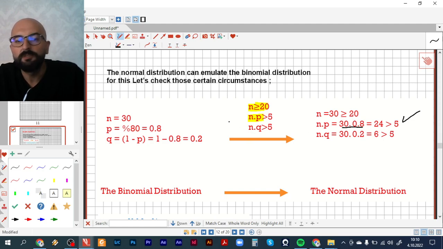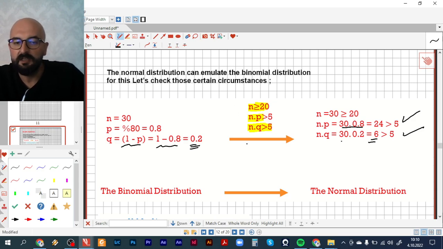And n multiplied by q is also necessarily greater than 5. Here q means the probability of failure, so 1 minus p, 1 minus 0.8 equals 0.2. So 30 multiplied by 0.2 is 6, greater than 5.